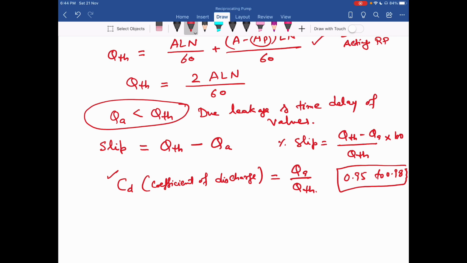Okay, and normally for a good condition pump, the percentage slip is 2%. So up to 2% of percentage slip, we can say the pump is in good condition.